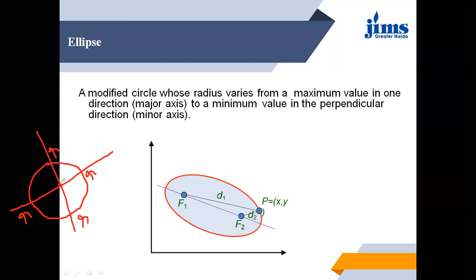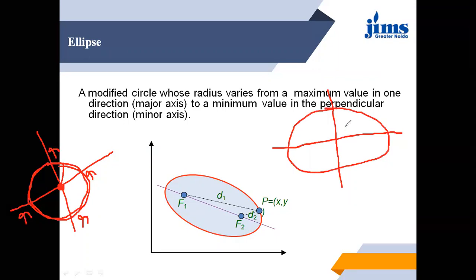Means if we start from the origin, then any point on the circle is equidistant from the center, and the distance is equal to the radius of the circle. But in the ellipse, the radius on the x-axis and y-axis are not the same. Means here there is no concept of a single radius.